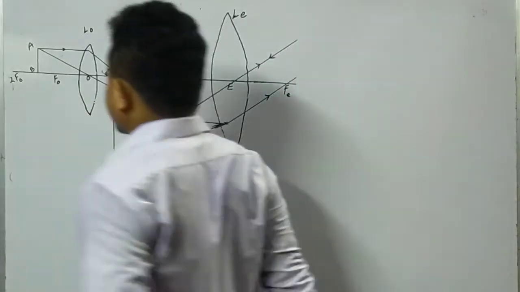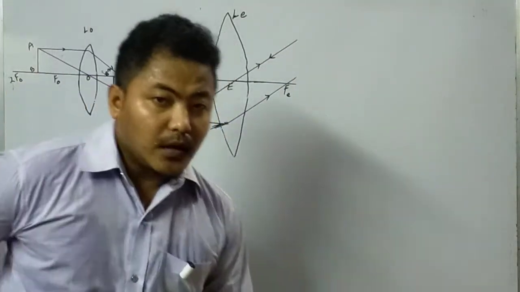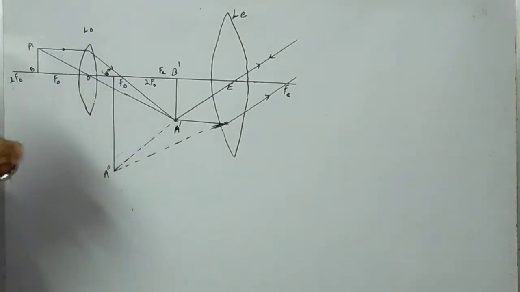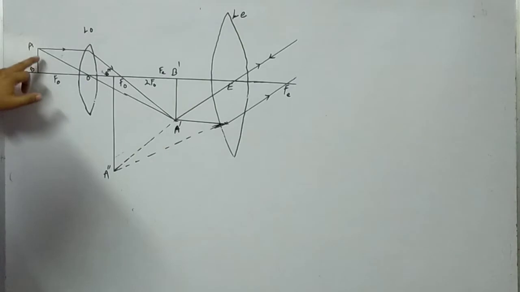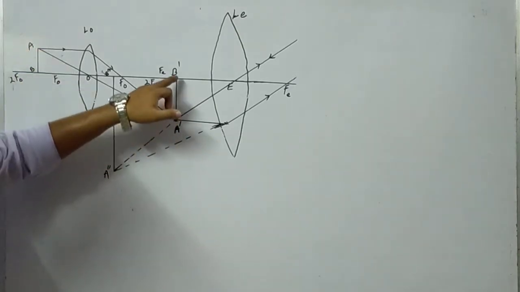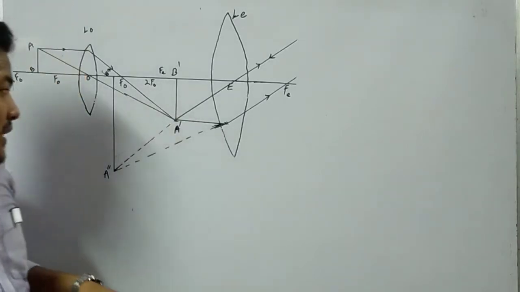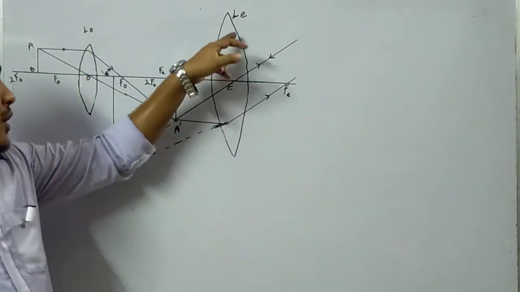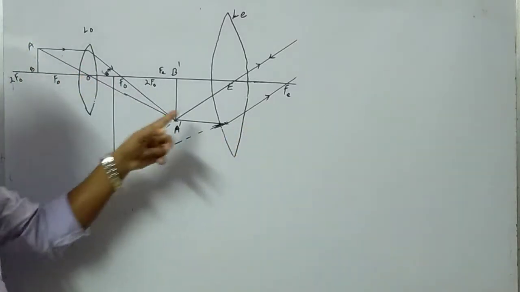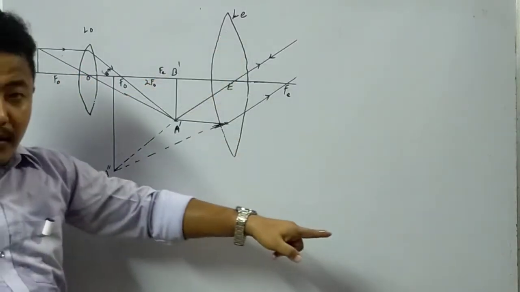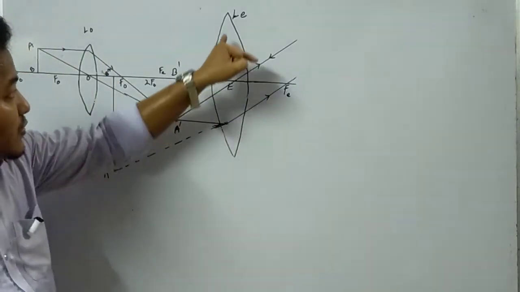Okay, so let us go for the explanation of the diagram again. So this is the objective lens and this is the object AB, and A'B' is the image for the object AB. That's fine. Now as I told you, here we consider two lenses. One is the objective and the next lens is slightly bigger in comparison to the objective lens, and this lens is your eyepiece lens.